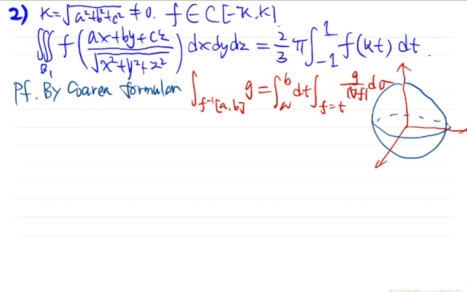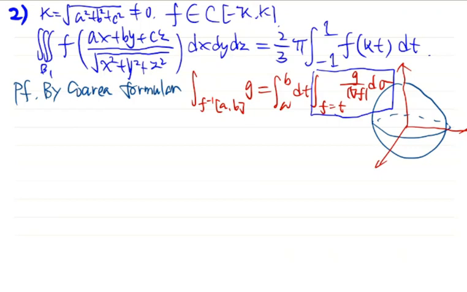This is the Euler formula. The inner integral is over the surface f equal to a constant t. Okay, and here you need to divide the integrand by the gradient of f. So in this problem, the f here is just the norm of x. We already applied the Euler formula for an integral over a ball.